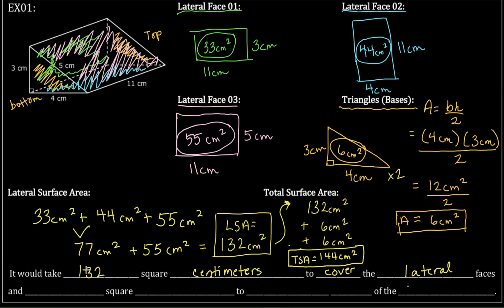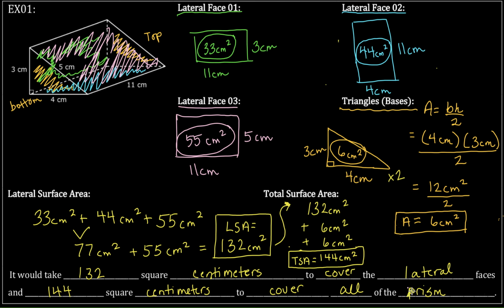And it would take 144 square centimeters to cover all of the triangular prism. You know what? Instead of prism, we're going to say it takes 144 square centimeters to cover all of the faces. All of the faces.